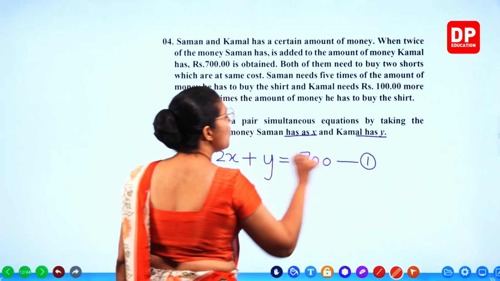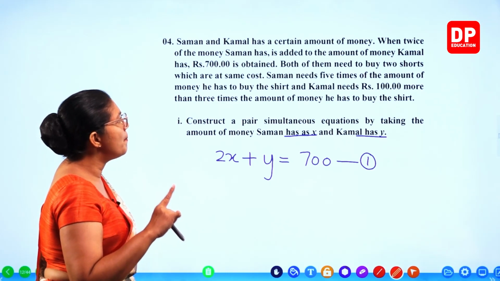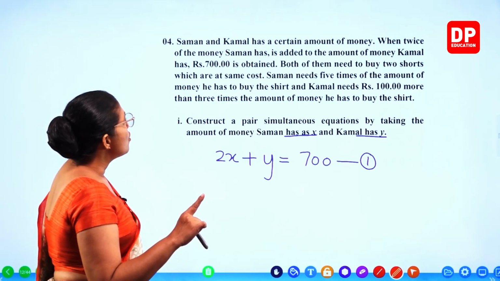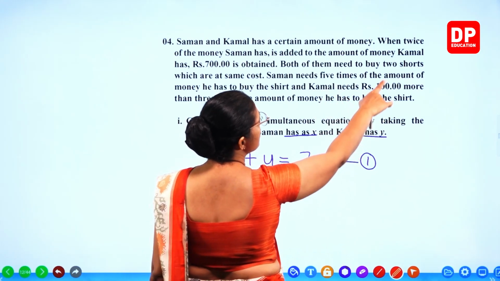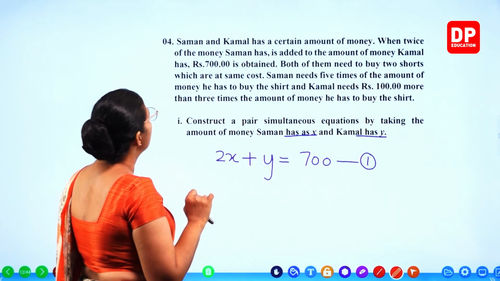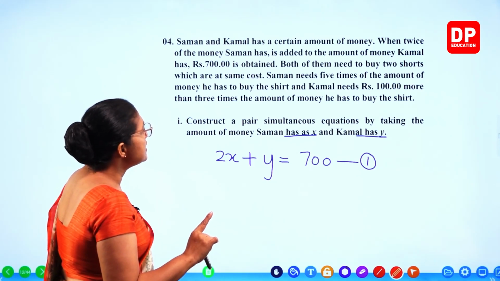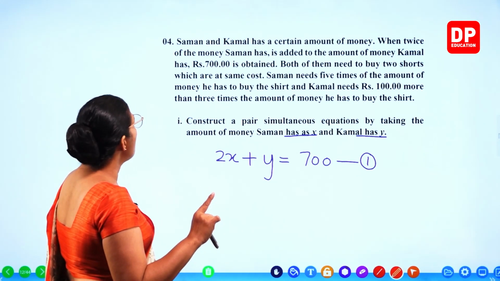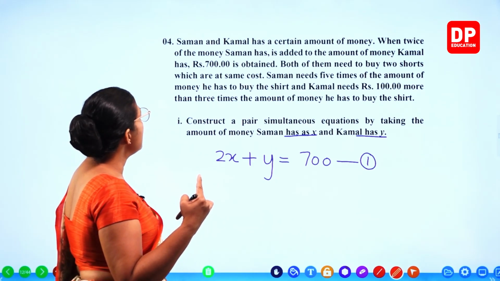That's our first equation. Then it says both of them need to buy 2 shirts, which are at the same cost. Saman needs 5 times the amount of money he has. So what is the amount of money he has?